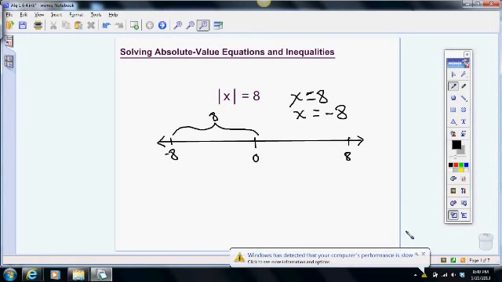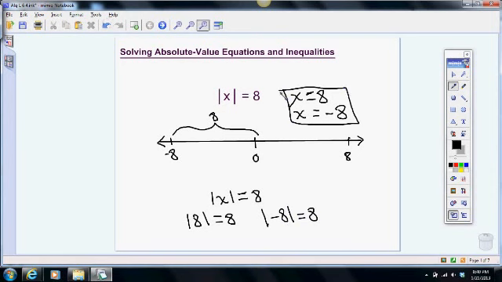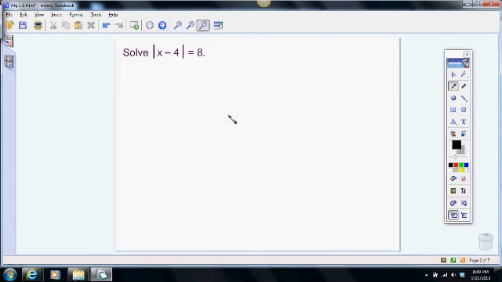So if you took the absolute value of 8, that equals 8, but so does the absolute value of a negative 8. So you really have two solutions. So when you solve absolute value equations, you actually need to solve two equations. Let me show you what I mean.